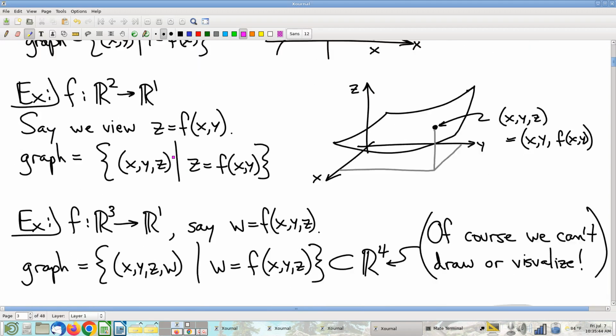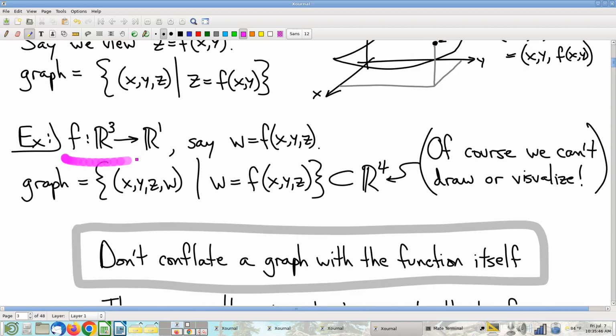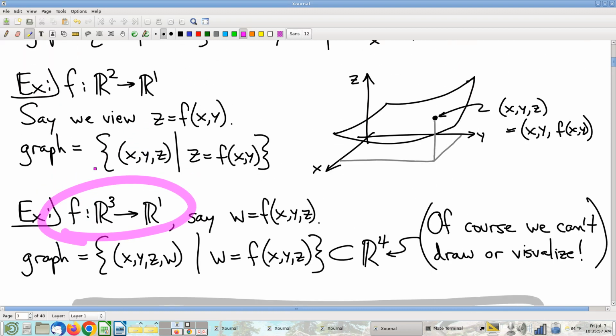All right, here's another example. A perfectly innocent scenario: 3 input variables. Well, 3 is more than 2, a little bit more. It seems like this is probably going to be a little bit geometrically more challenging.